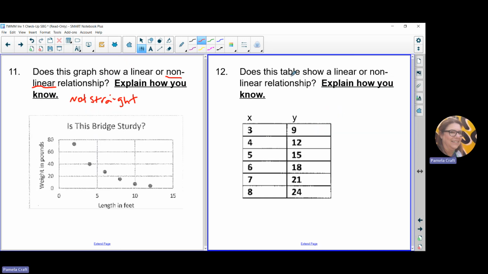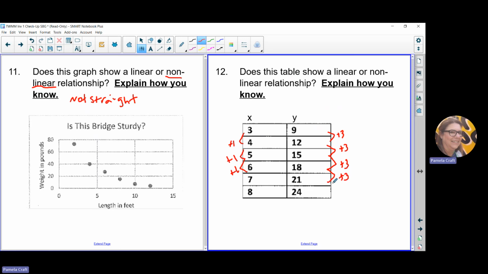In 12, does this table show a linear or nonlinear relationship? So just like before, we're going to look at the X column. We're going up by 1 each time. And if I go over to my Y column, I go up by 3. 12 to 15, also up by 3. 15 to 18. 18 to 21 is also plus 3.